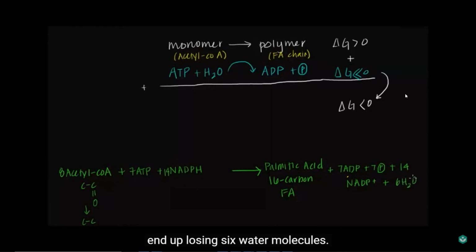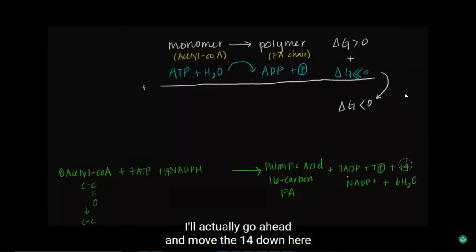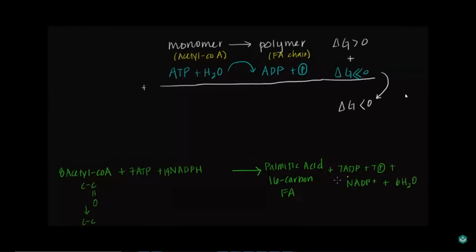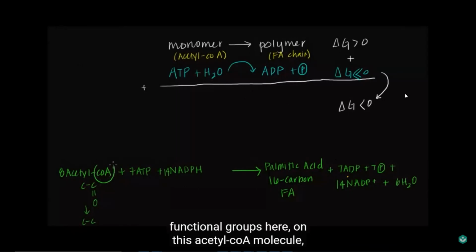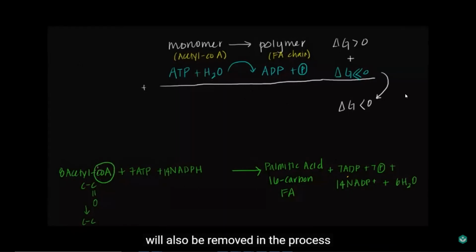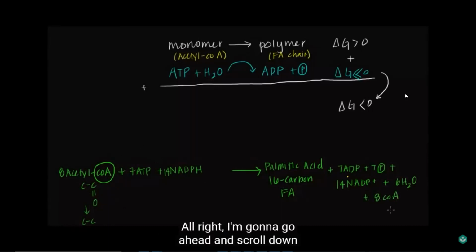We end up losing 6 water molecules. And I'll actually go ahead and move the 14 down here so it doesn't confuse you. And I also forgot just one more thing here. It turns out that these coenzyme A functional groups on this acetyl-CoA molecule will also be removed in the process of making these carbon-carbon bonds. And so we will also form as a byproduct 8 coenzyme A molecules.